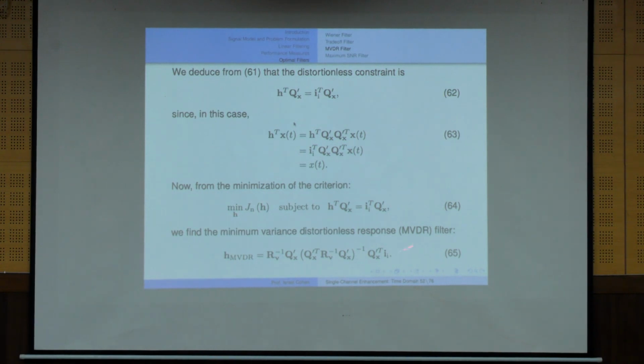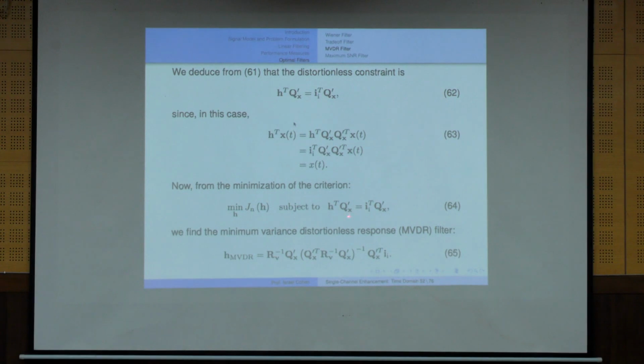And if we don't want to have any distortion in this signal subspace, we can remove it. So we have this solution, like this. Actually, we can check if this constraint is satisfied using this solution. This is the first thing to do. When you see a solution, first try to prove that it's like this.